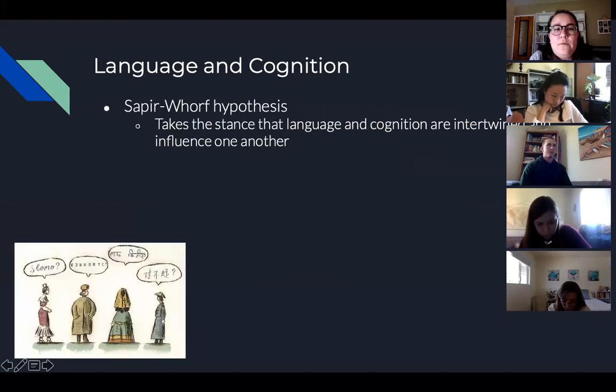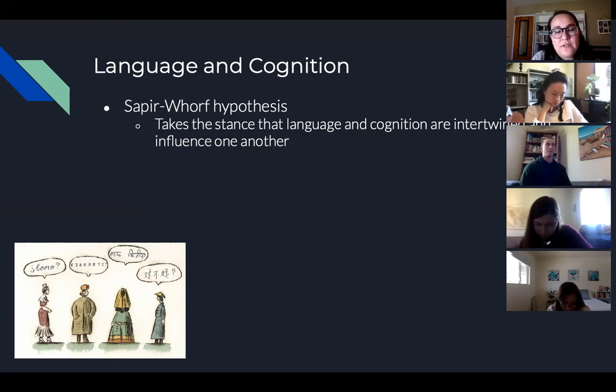So there were two really well-known linguists in the 20th century, Benjamin Lee Whorf and Edward Sapir. Their last names got put together for this concept that we're going to talk about. But interestingly enough, they never actually published work together.